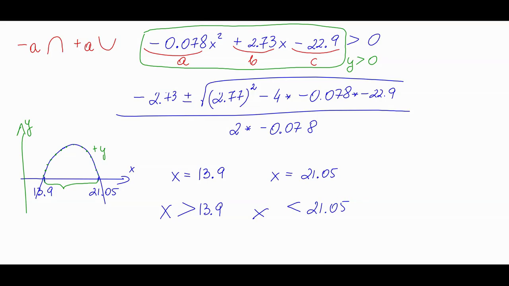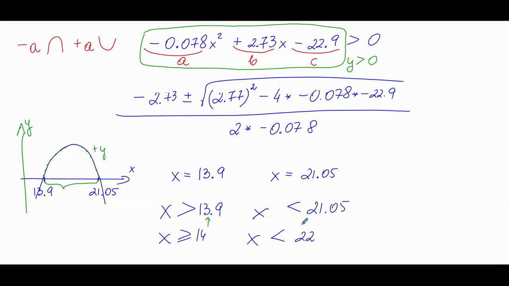Now the terms and conditions are saying give your value correct to the nearest whole number. So that means x is greater than 14 and x is less than 22. Now, let's not forget that in this case, we can actually say x is greater than or equal to 14, because 14 will fulfill the condition of being greater than 13.9.